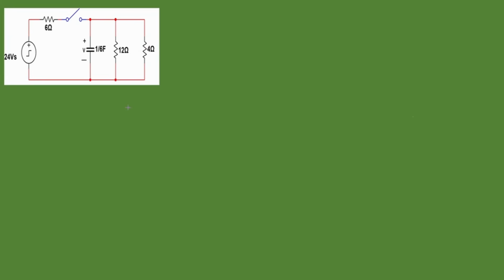So for t less than 0, pardon me, our switch is closed. Okay, so we're going to have a circuit that looks like a 6 ohm resistor, capacitor, 12 ohms, this is 4 ohms.